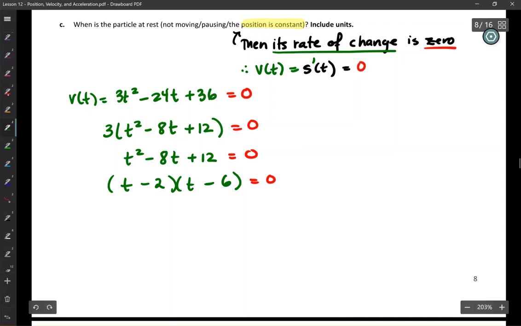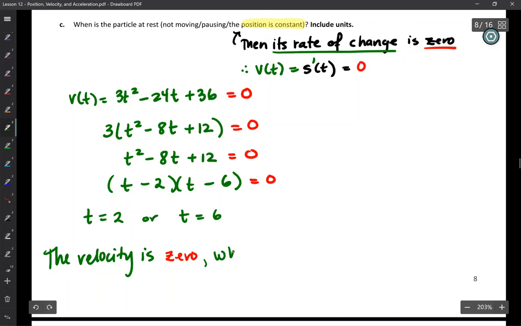So this happens, setting each one of those equal to 0, when t equals 2 or when t equals 6. The velocity is 0 when the position is constant.